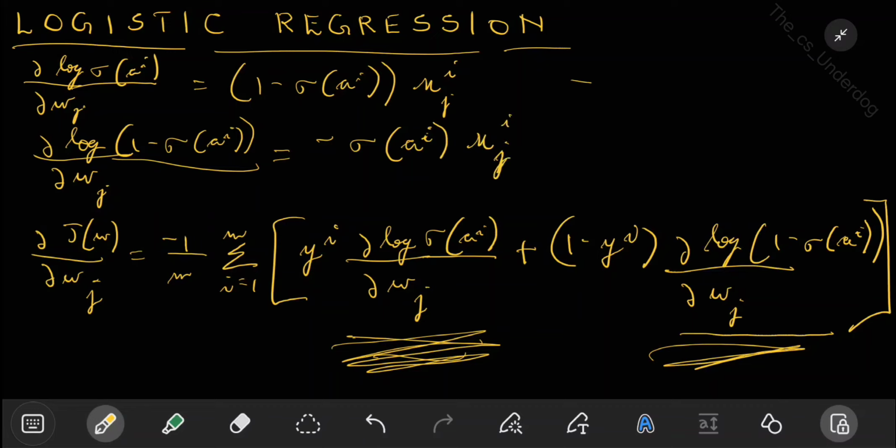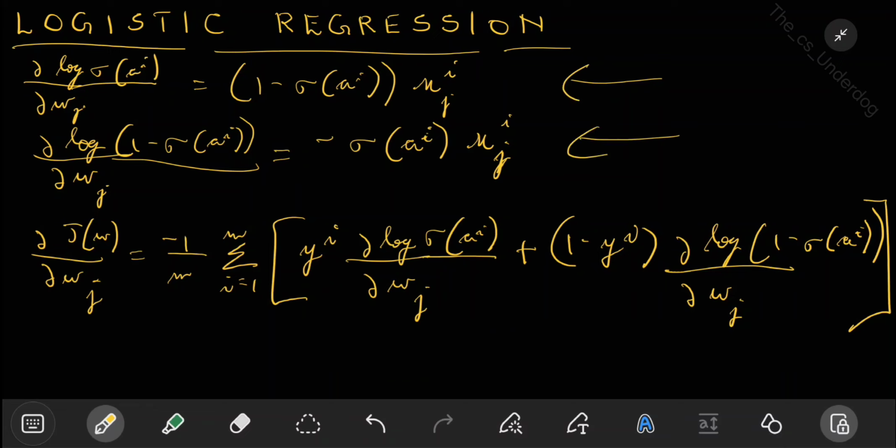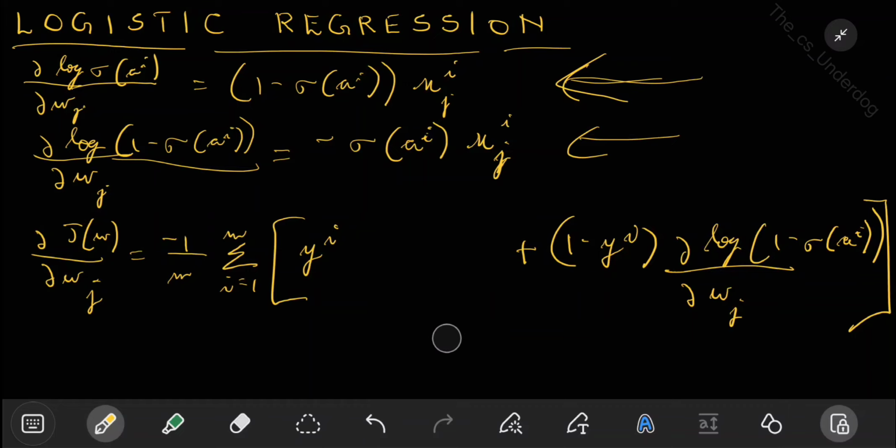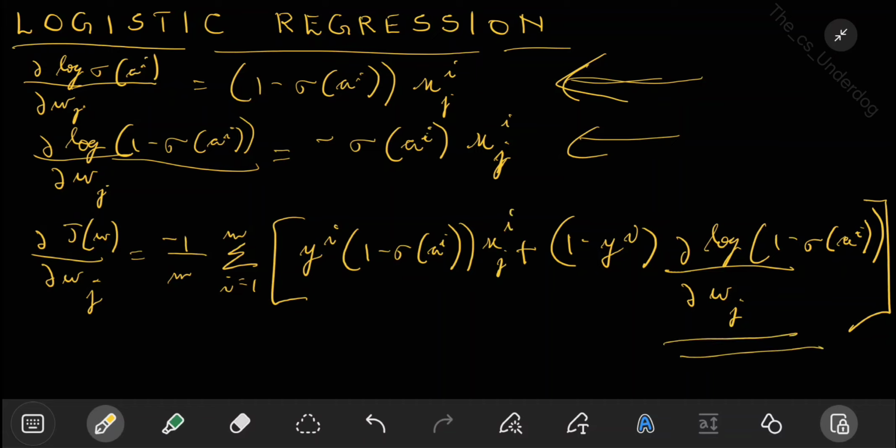So now you know the derivative of the first and second term that you wanted. This is the first term. This is the second term. You know the derivative of both. Now what can you do? You can substitute that. Instead of del by del wj of log sigma ai, you can substitute this value. If I substitute that here, it will become 1 minus sigma ai into xji. Okay. And what will be the derivative of this term?